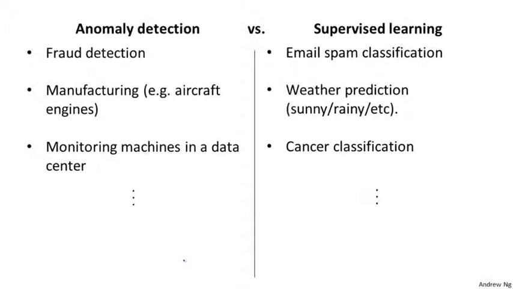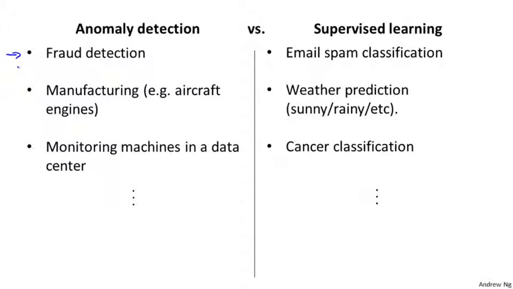And so if we look at some applications of anomaly detection versus supervised learning, we'll find that in fraud detection, if you have many different types of ways for people to try to commit fraud and a relatively small training set, a small number of fraudulent users on your website, then use an anomaly detection algorithm.